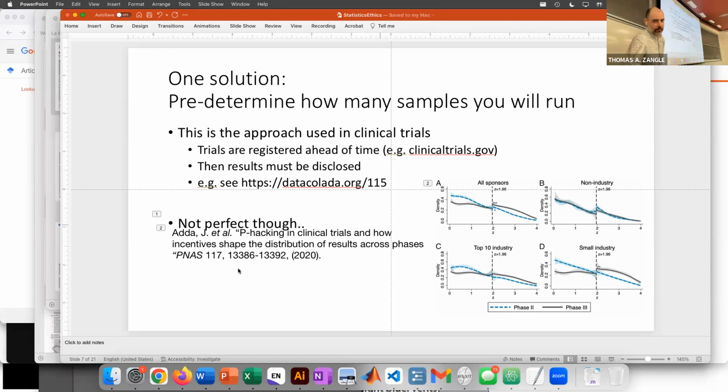So here's a relatively recent paper, from 2020, that looked not at every paper or a whole bunch of papers in psychology or biology or economics, but just at papers that resulted from registered clinical trials. Again, they looked at the distribution of, in this case, Z values, which are very much related to the inverse of the p-value.